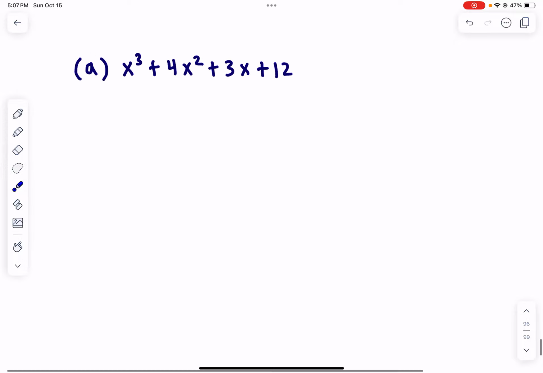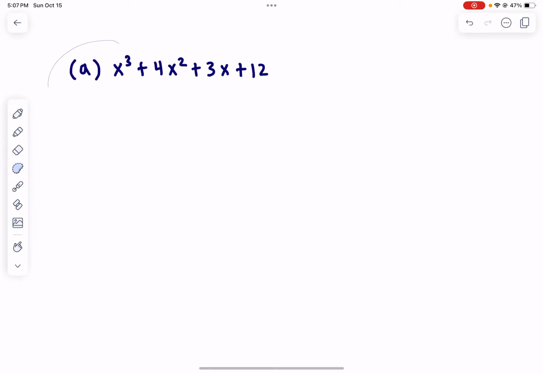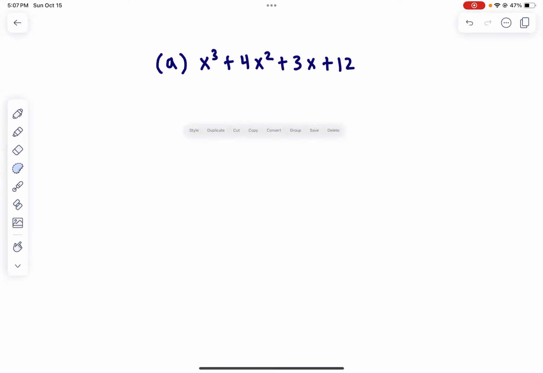So for part A, once again, they wanted you to go ahead and factor by grouping. Please notice in part A, this expression that I gave you has 4 terms.